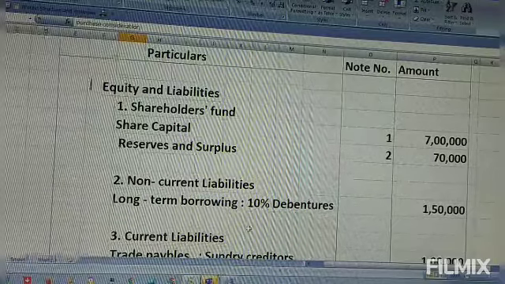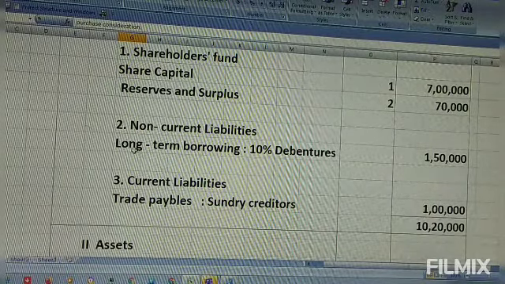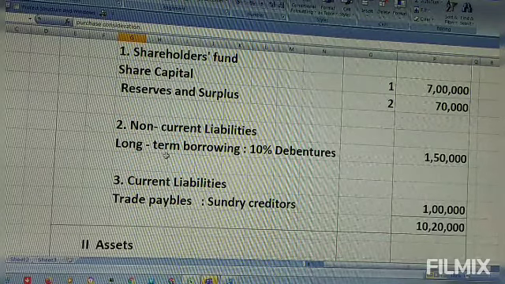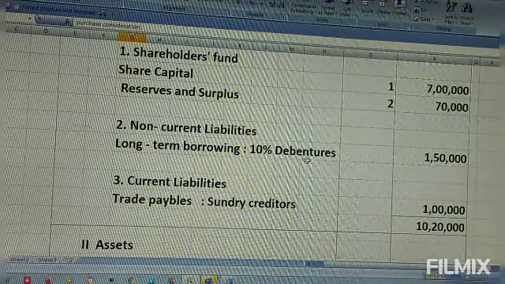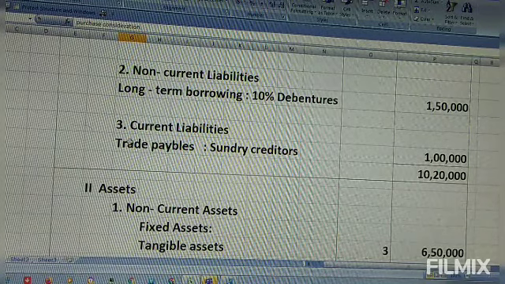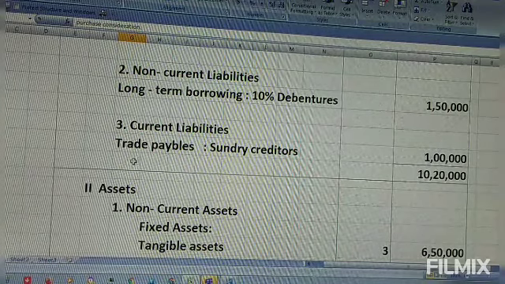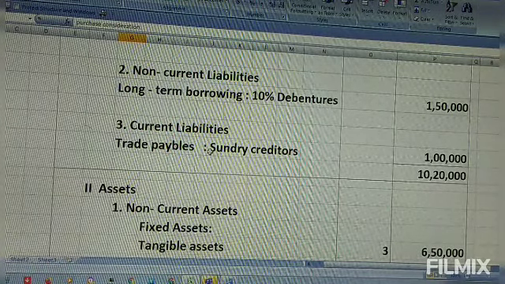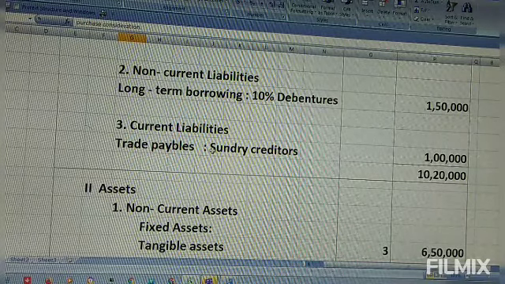And again in equity and liabilities, the second point is non-current liabilities. It includes long-term borrowings, that is 10% debentures, 1,50,000. Then current liabilities is the third point. Current liabilities include trade payables, maybe sundry creditors. If bills payable were there, that also could be taken.